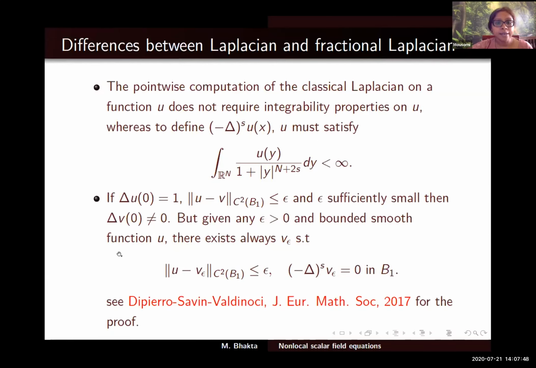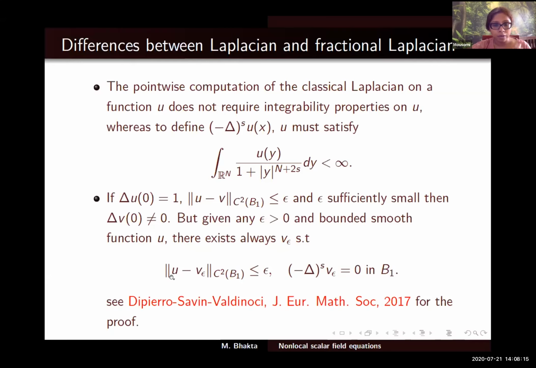Second, suppose you know that Laplacian at some point is non-zero. For example, suppose Laplacian of u at 0 is 1. Now, if v is close to u in C2 norm, then you can always say that Laplacian of v at that point is also non-zero. But this is not at all going to be true when you go to the fractional Laplacian.